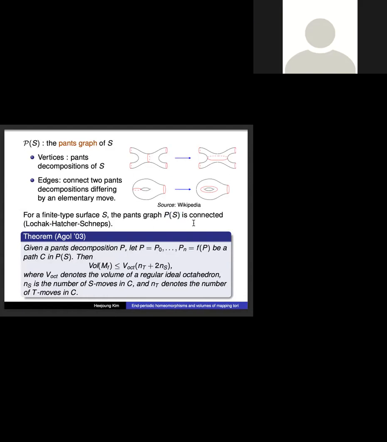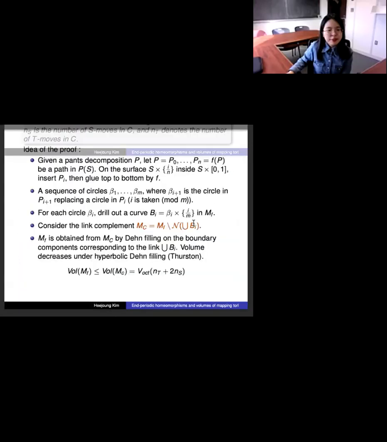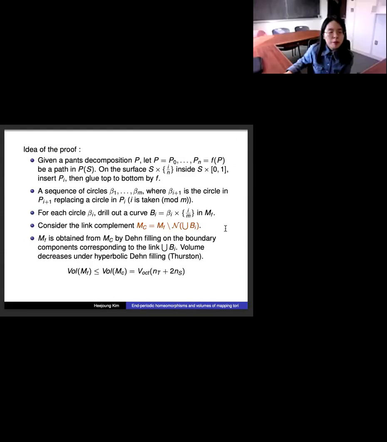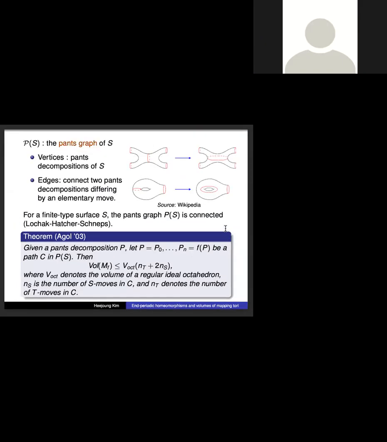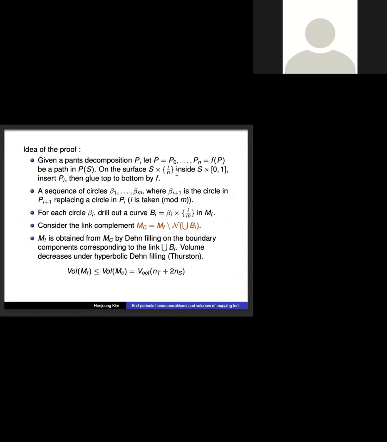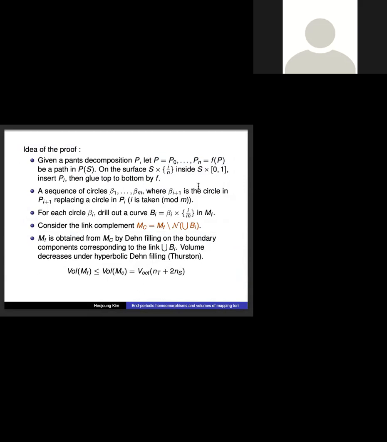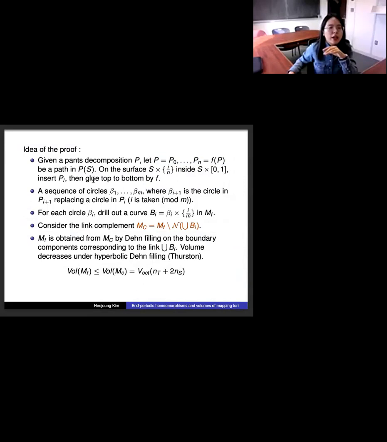So on this surface, I'm trying to understand what exactly do you glue? Yeah, basically we are thinking of the mapping torus.